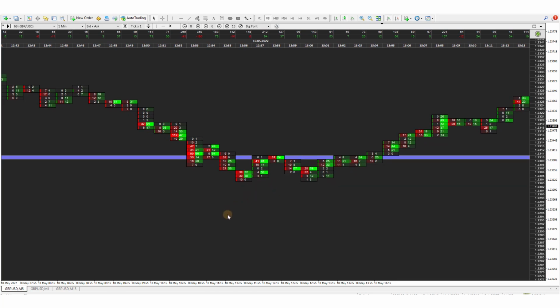If for some reason I would be looking for how to join the sellers, I would mark this imbalance and wait for decreasing volume to make a safe entry. So if volume on that one candle was 142, I would be looking for maximum volume on retest like 71, to join the market.